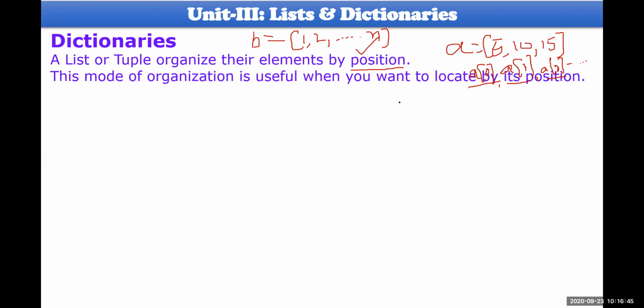If you want to locate the foremost location, b of 0 is the foremost location. If you want to locate the last position of b, it will be b of n minus 1. In this way, if you want to identify one specific position, you can specify that position minus 1.